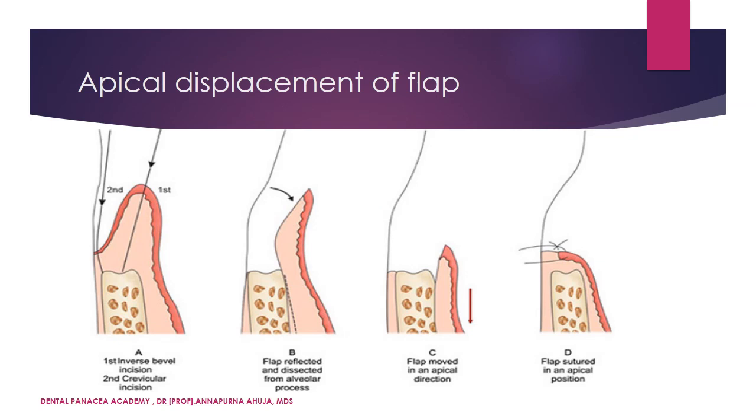Here you can see in first picture, internal bevel incision is given and second is clavicular incision. Then flap is reflected. After reflection of the flap, we can inspect the bone in direct vision, do the osteoplasty or osteectomy if it is required, then suture the flap back on the bone surface.